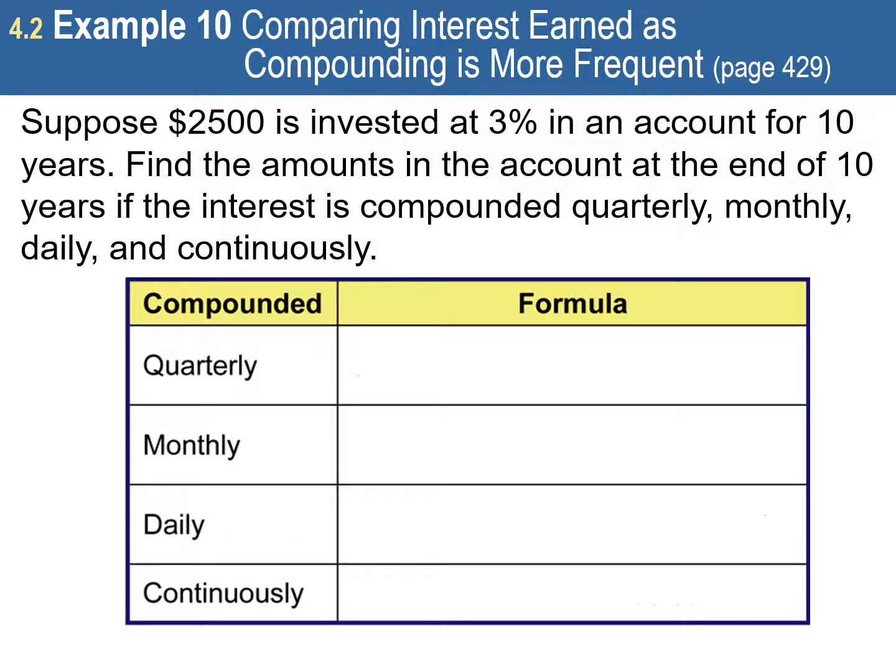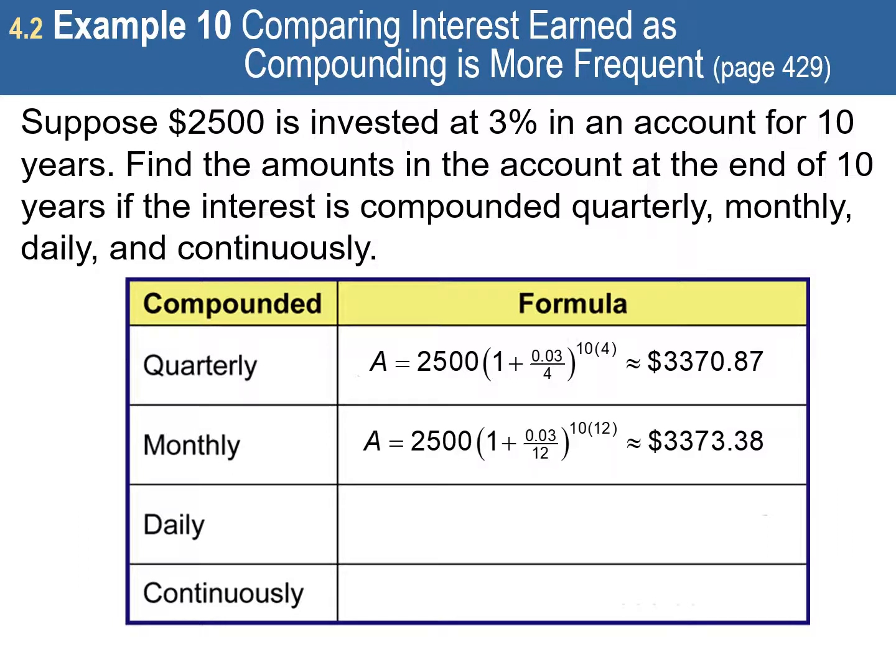So let's compare some interests. Suppose 2,500 is invested at 3% into an account for 10 years. How much is in the account if we compound it quarterly, monthly, daily, and continuously? Well, quarterly means n is 4, so we get about $3,370.87.